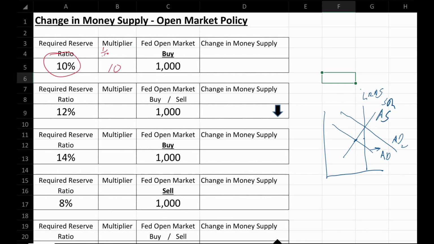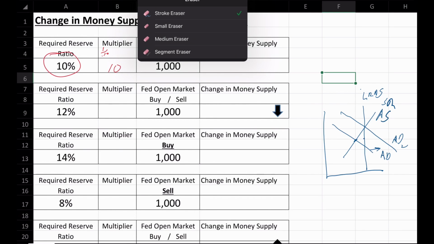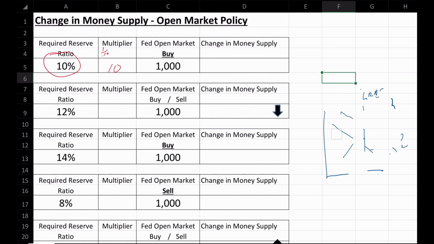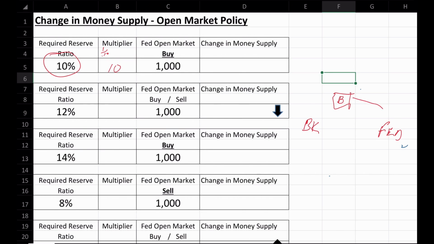So let me erase this so I've got some more room here. We have a bank here and the Fed here. And we have a piece of paper that's a bond. In this case, the Fed's buying the bond, so the bond's going to go to the Fed. The bank had the bond.